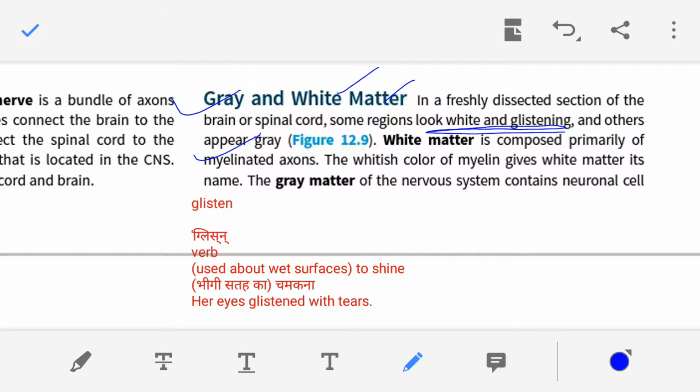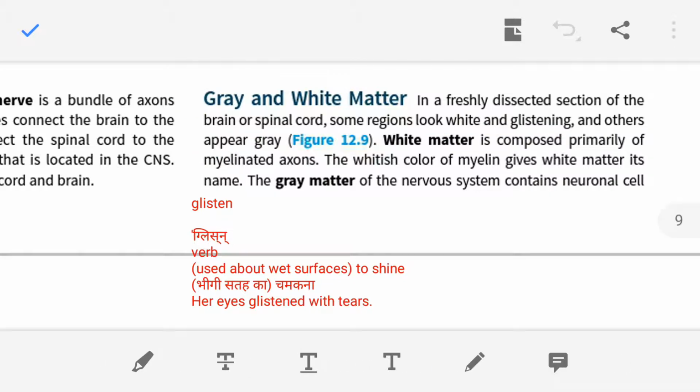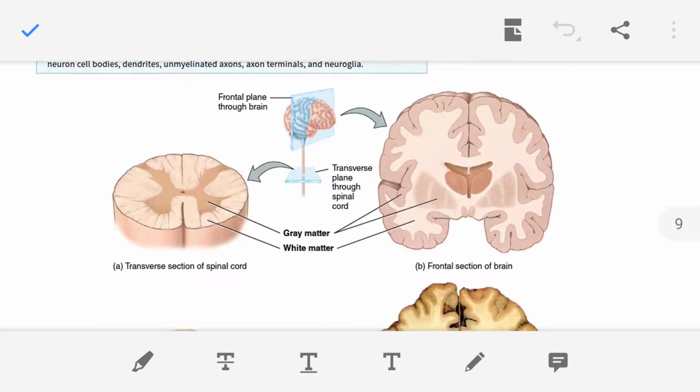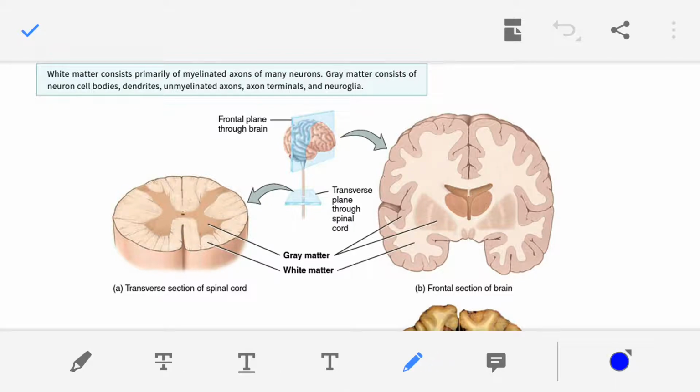Now what is this white matter and gray matter made up of, what is it composed of? First, in the figure I am showing you, this is the brain and this one is the spinal cord. You see in which plane this section of brain is. This is the frontal plane through the brain, so you can imagine which part of the brain we are looking at.